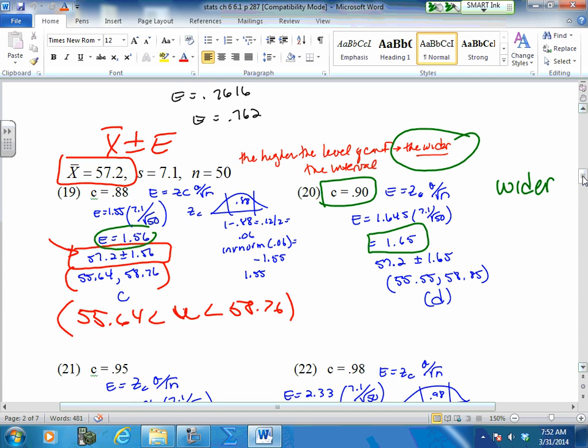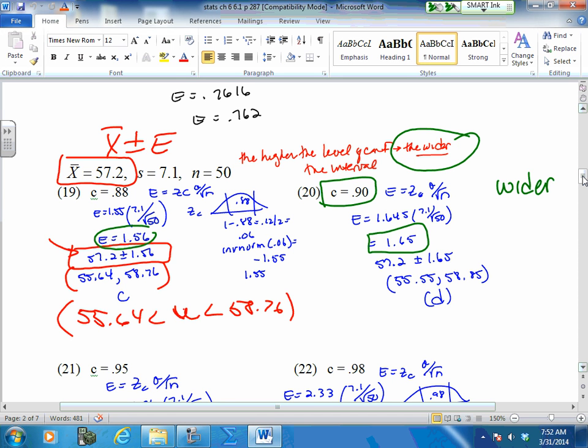Not bigger, wider. The problem with a number line is all the numbers between each number is infinite. So you still always have an infinite amount of numbers in your number line between any two numbers. So your numbers don't get greater, your interval gets wider.